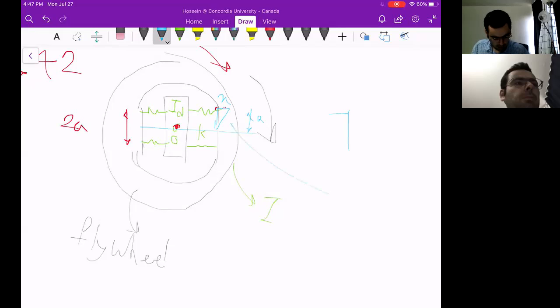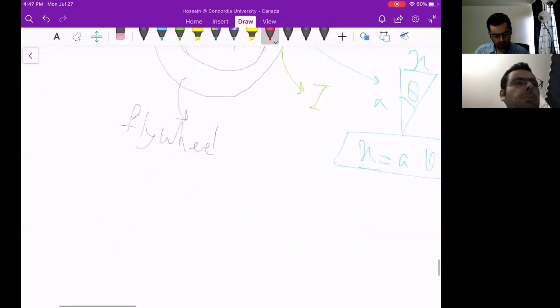So x is a multiplied by theta. Or I could say, if I rotate the flywheel, this point will come to this point, so you could calculate the deformation of each spring.